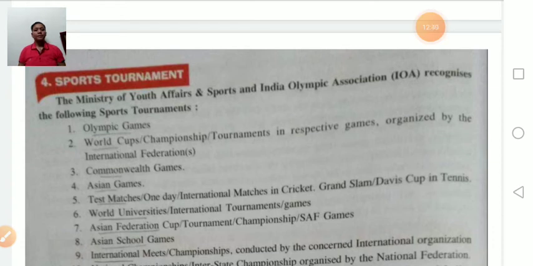Sports tournament. A sports tournament is a series of competitions between players or teams.